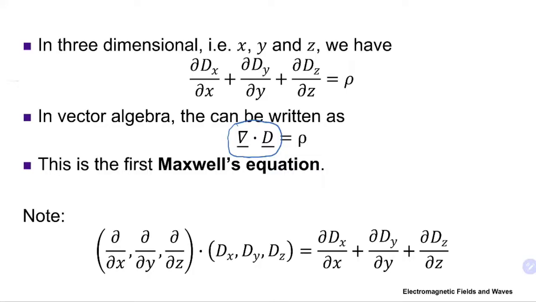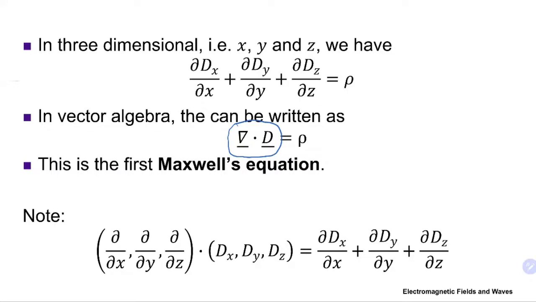Remember in my lecture about vectors, divergence is about whether there is a source inside a bubble or a sink inside the bubble. So here is the divergence of the electric flux density, and the divergence is equal to the charge density.